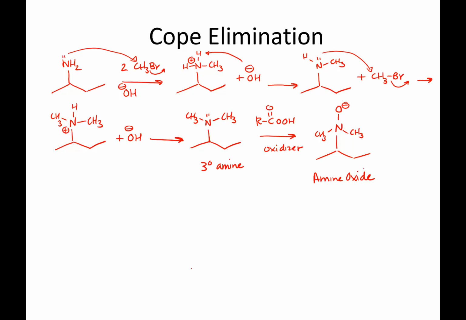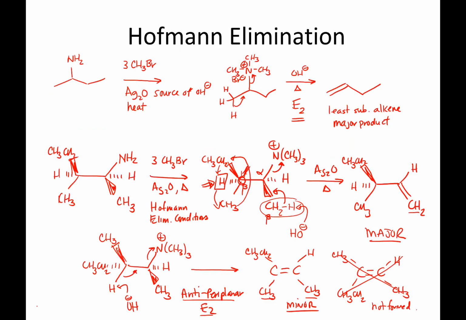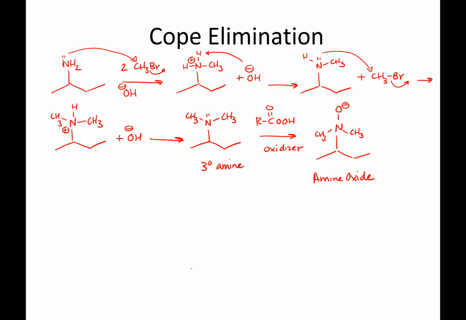Now, what happens with the amine oxide is this. It's actually a decent leaving group. So what happens is that the hydrogen that is on the beta carbon. In other words, the group with the amine is the alpha carbon, and then we have these beta carbons with beta hydrogens.